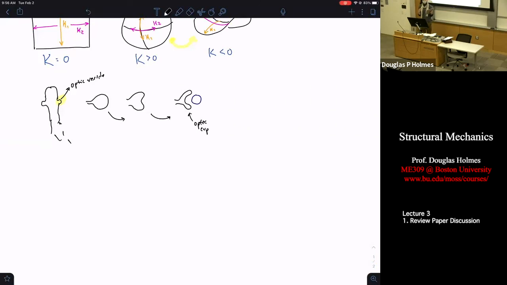If this is a spherical object where this part is growing really fast and this part is growing really slow, and you don't give it any biological clue, you just pretend it's a spherical sac where the pink part's growing fast and the orange part's growing slow, what shapes will you see?